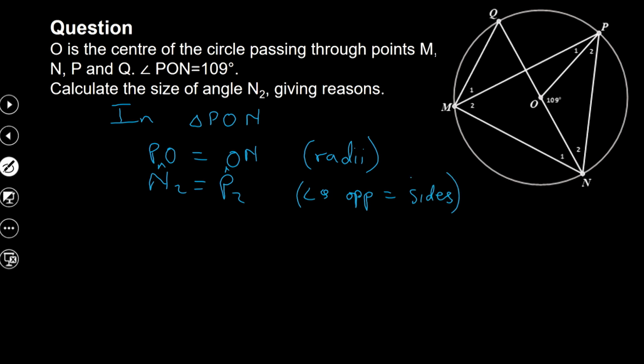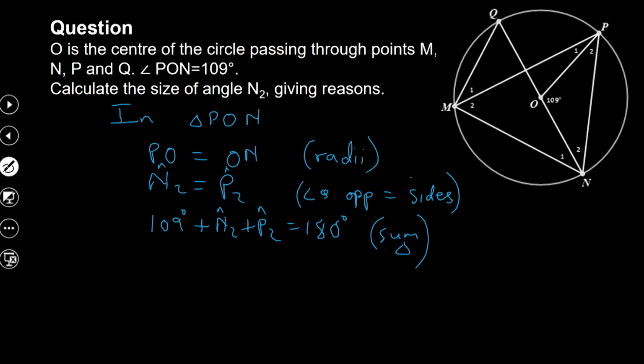And then from there, I can say that I have 109 degrees plus N2 plus P2 is equal to 180 degrees. The reason for this will be the sum of angles in a triangle, right?